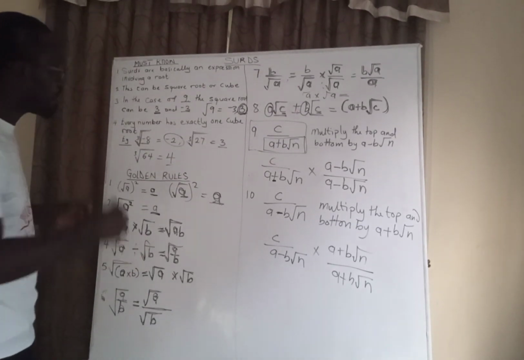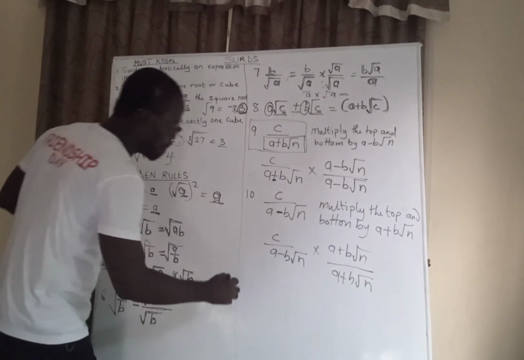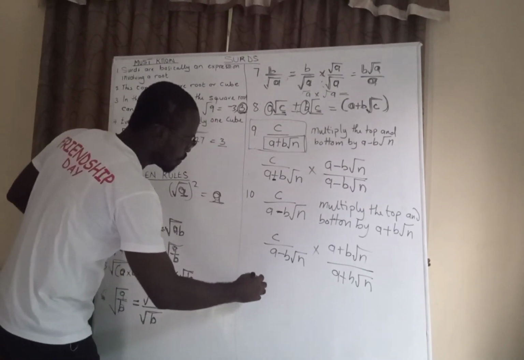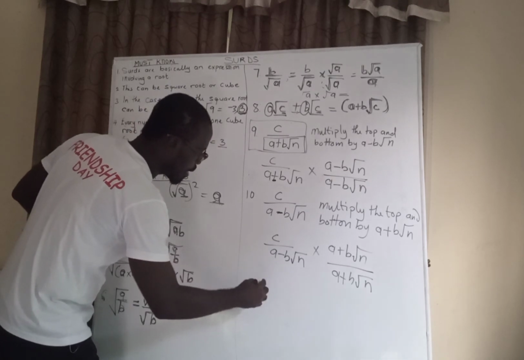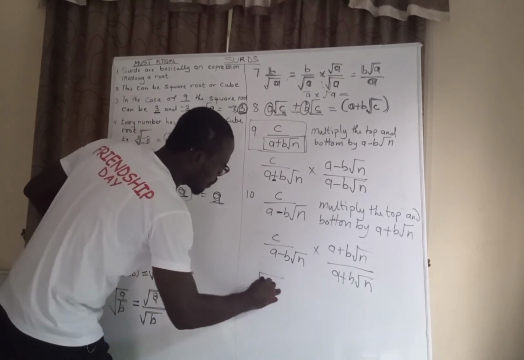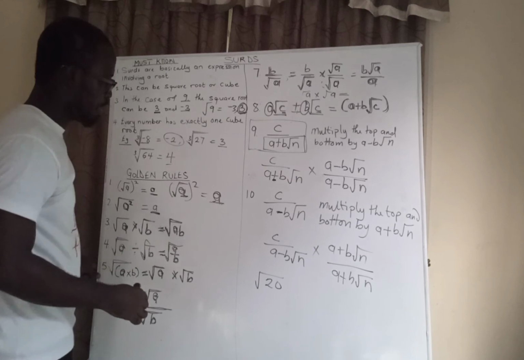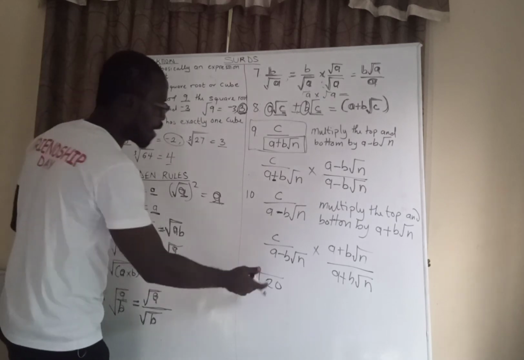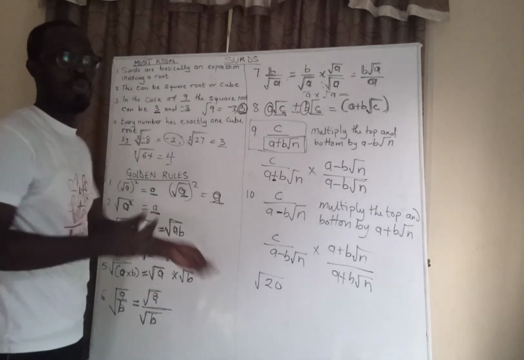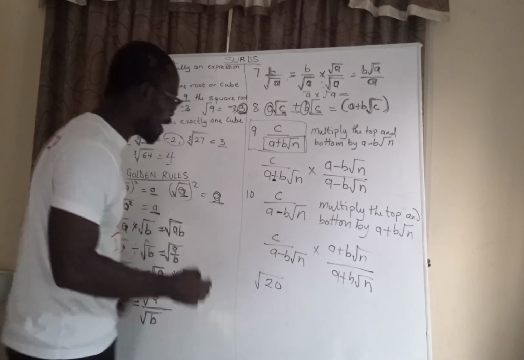Let's look at an example. We have, let's say, the square root of 20. We are asked to express this in a simplified form.